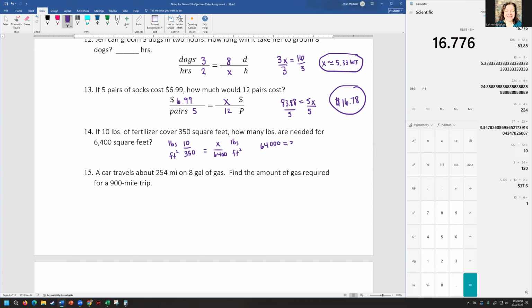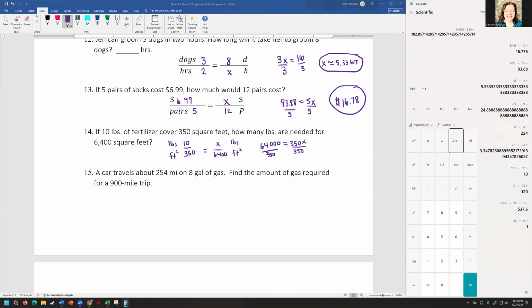And then we have 350 times X, and we're dividing by the 350, the number next to X. Okay, so 64,000 divided by 350, that is going to equal, if we round this to 2 decimal places, 182.86. So we would need 182.86 pounds of the fertilizer to cover that much square footage.